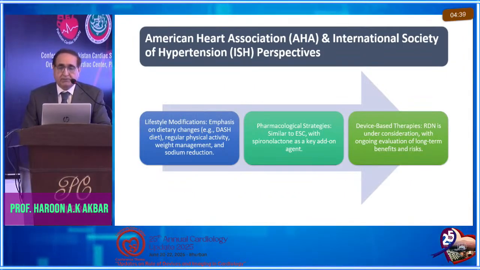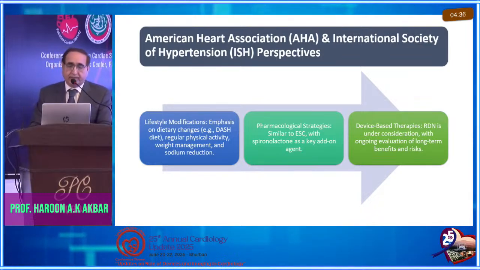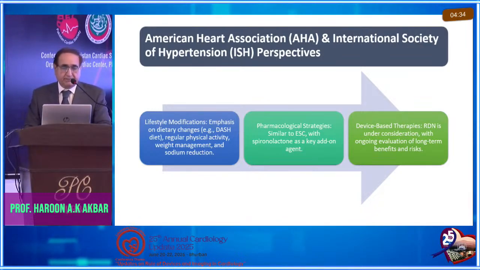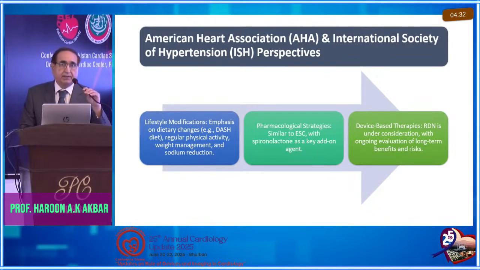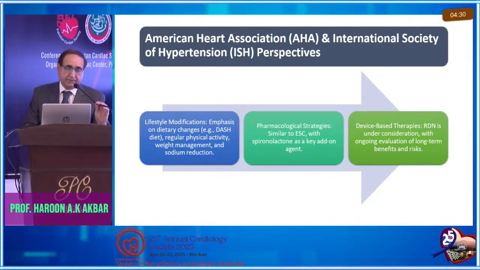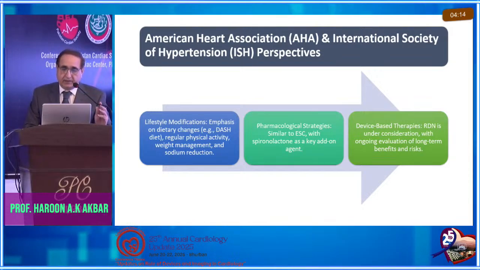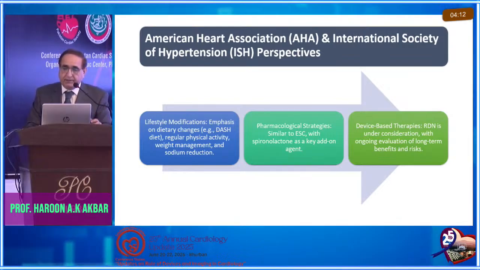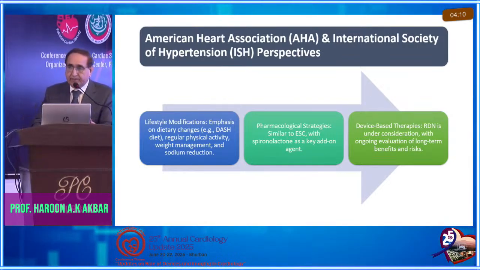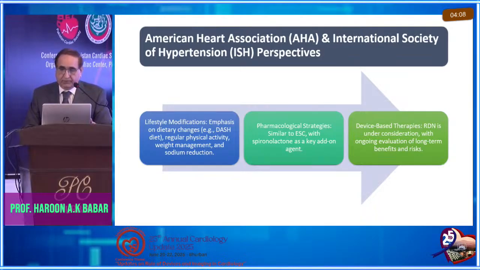The American Heart Association and International Society of Hypertension perspectives are, as for any other type of hypertension, lifestyle modifications with emphasis on dietary changes, regular physical activity, weight management, and sodium reduction. The pharmacological strategy is similar to ESC, with spironolactone as a key add-on agent, then device-based therapy, as I have mentioned before.